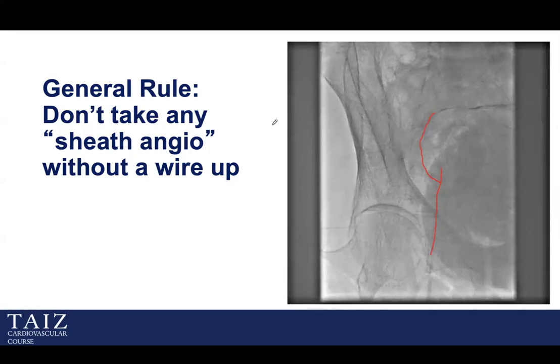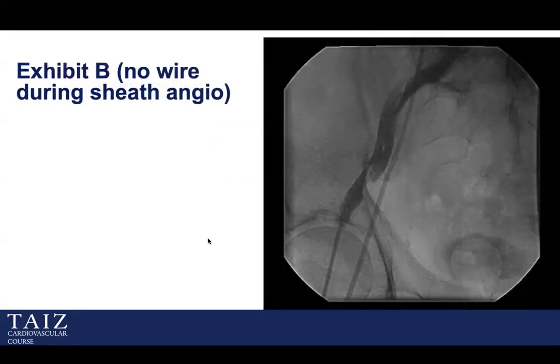And when you are injecting contrast to take a picture of the access, it's almost like you are shooting a rifle, or it's like a bullet coming out of the sheath, and it causes hydraulic force with the contrast and causes dissection. So if you put a wire in throughout the vessel, it will kind of neutralize the sheath away from the walls, and will prevent dissections.